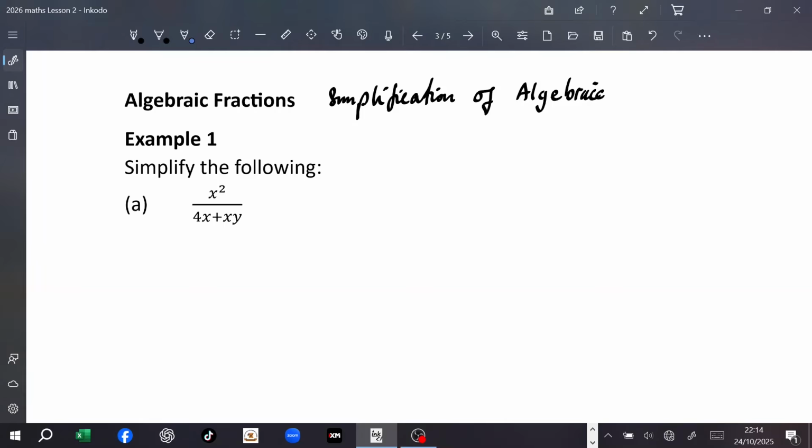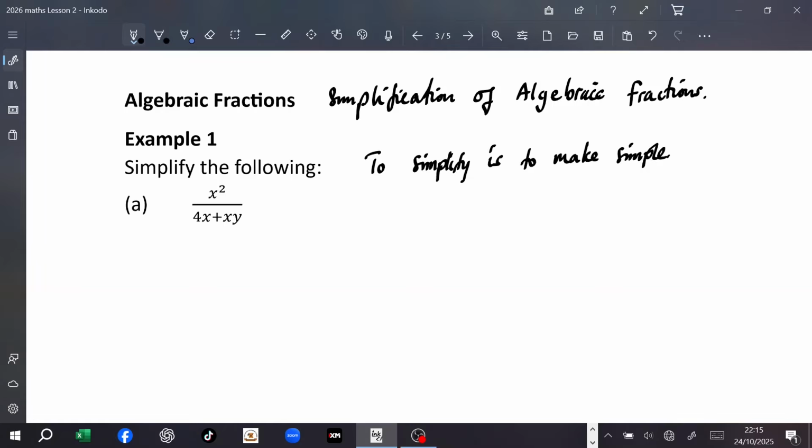We are talking of fractions like this. If the question says simplify, you must understand that to simplify is to make simple.